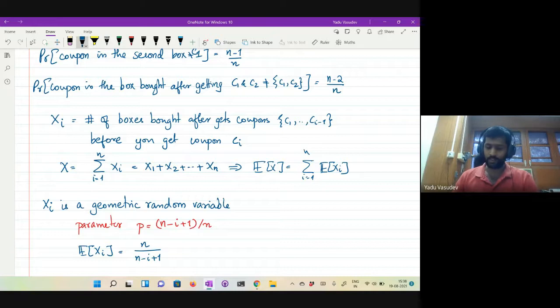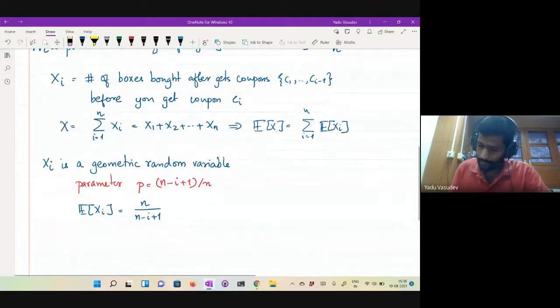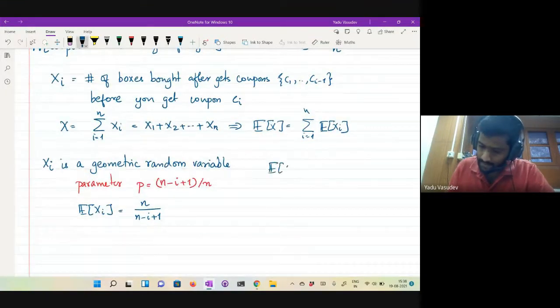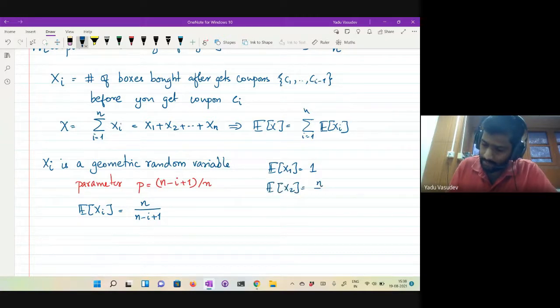And so you can just substitute and see. If you work out expectation of x1, it is equal to 1. Because if you put i equal to 1, expectation of x2 is n divided by n minus 1 and so on. So it also makes sense, because initially you have seen very few coupons.